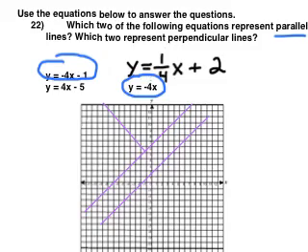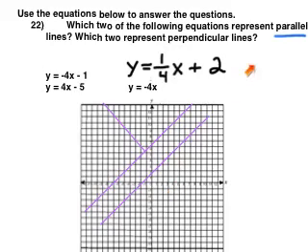Okay, so now which one is the perpendicular line? Which of these are perpendicular? Well, they're not going to have the same slope, so it's not going to be this one and this one. These won't be the pair that are perpendicular to each other. Notice these two lines, this one and this one. There's one thing that's different about them: they have the opposite sign. This one is a negative slope, it's going downhill from left to right, and this one's going uphill from left to right.